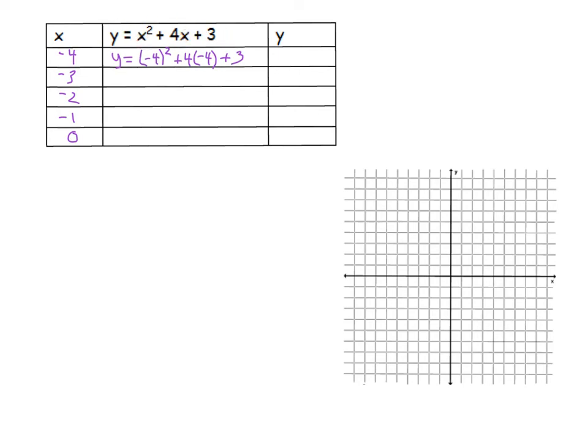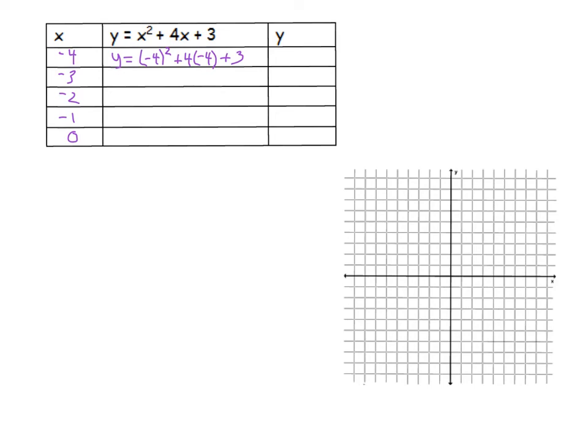This is the first time we've done this with a table like this, that we've actually had to put -4 in 2 different locations. All right, so now to simplify this, you can use a calculator. You can think about it mathematically and work through the simplification, whichever one you want at this point. All right, so I'm going to go ahead and simplify this by hand.